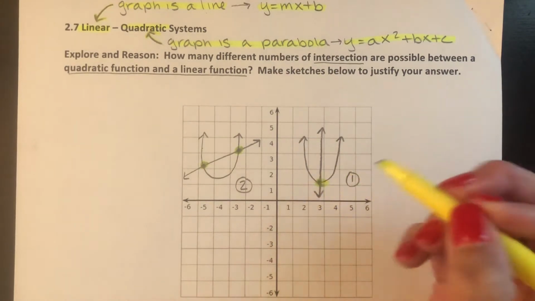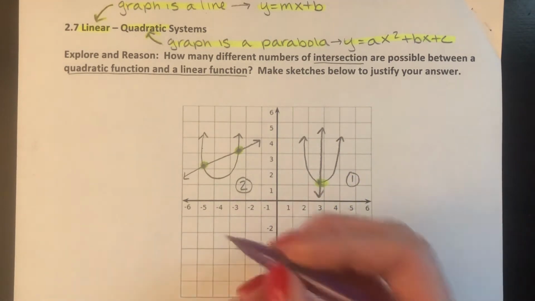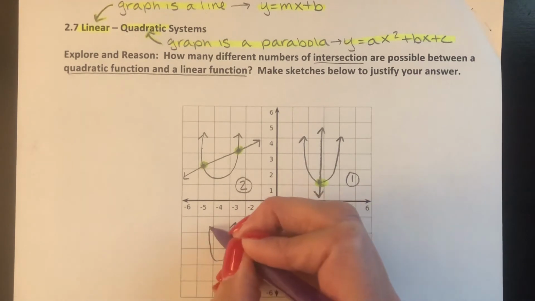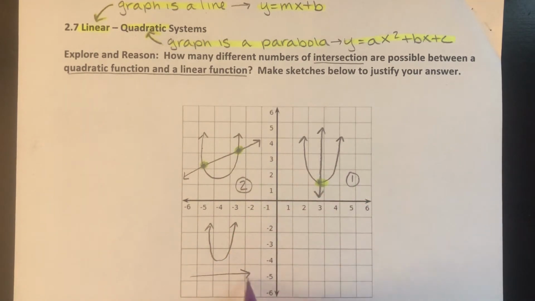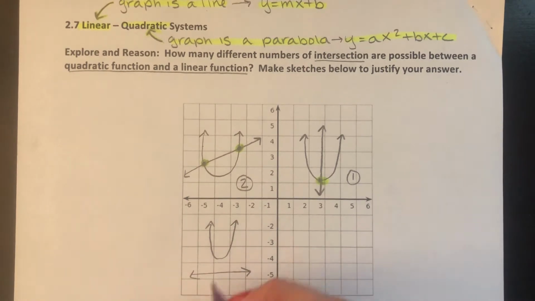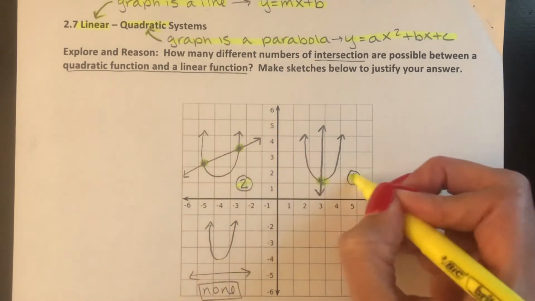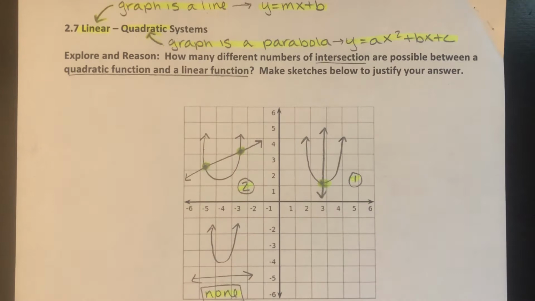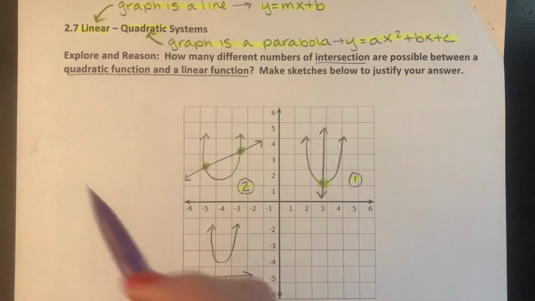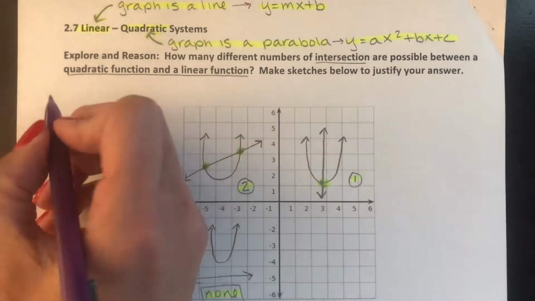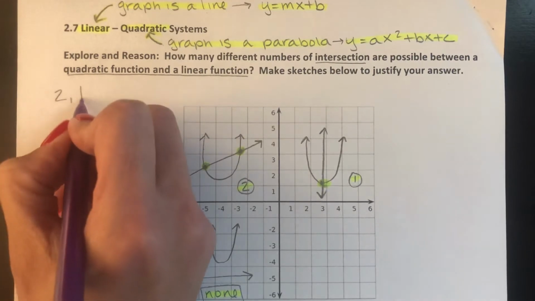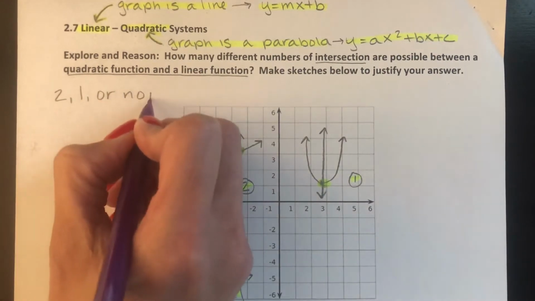My last scenario is a parabola and a line that don't intersect at all, so no intersections. So 2, 1, or none. That's the answer to how many different numbers of intersections are possible between a quadratic and a linear.